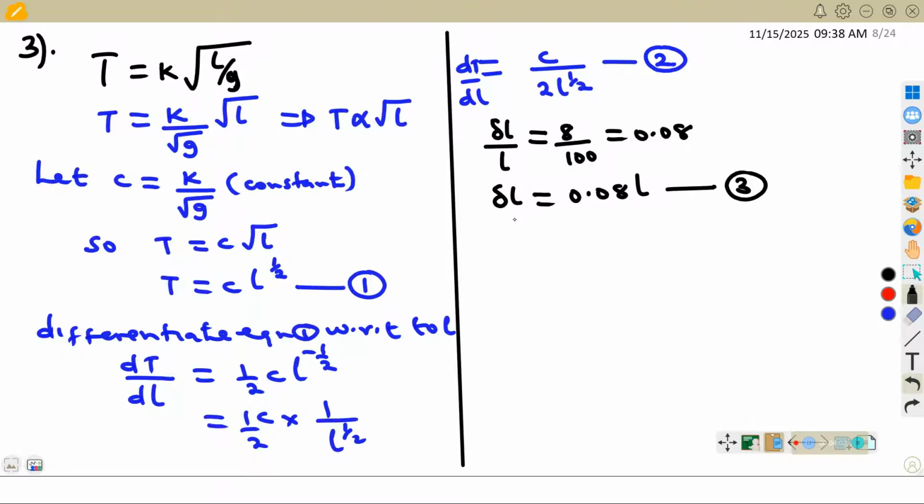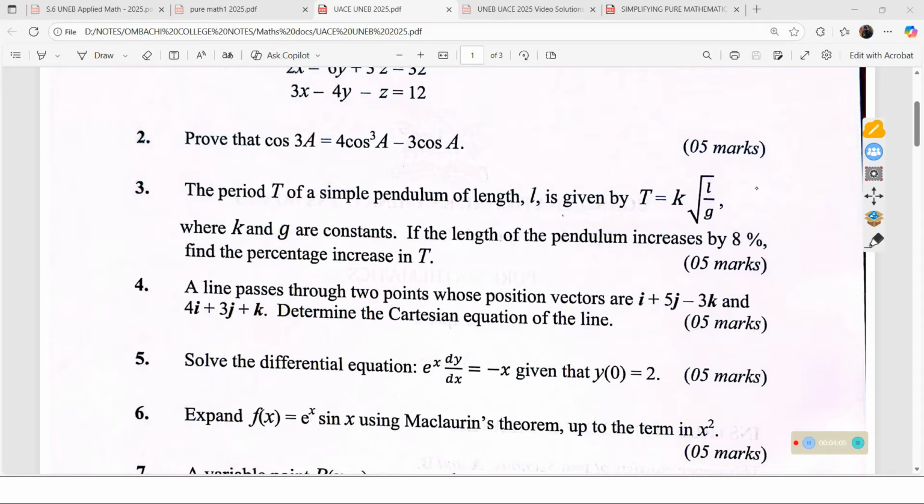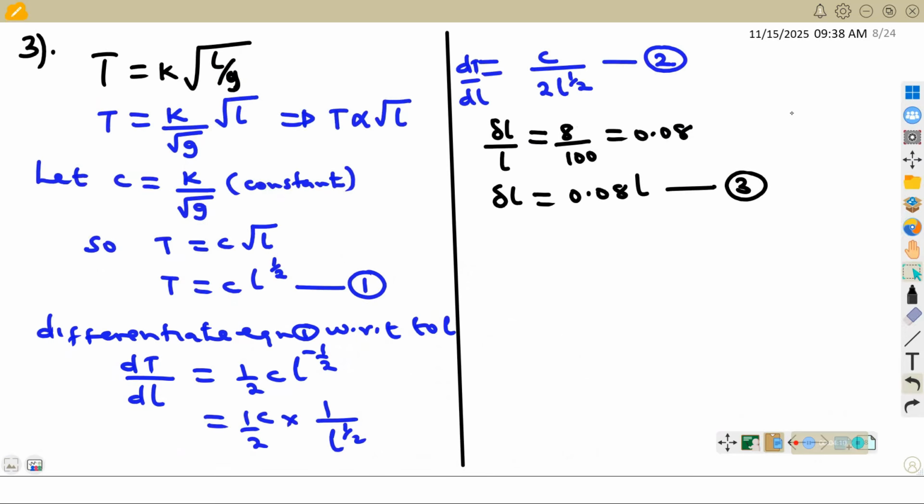From that, we shall go on and look at what we are interested in. We are interested in the percentage increase in t, so we are interested in getting delta t over t. For that, let us create the relationship between dt dl and delta t and delta L. We shall use the expression that if delta L is small, then delta t over delta L is approximately equal to dt dl.